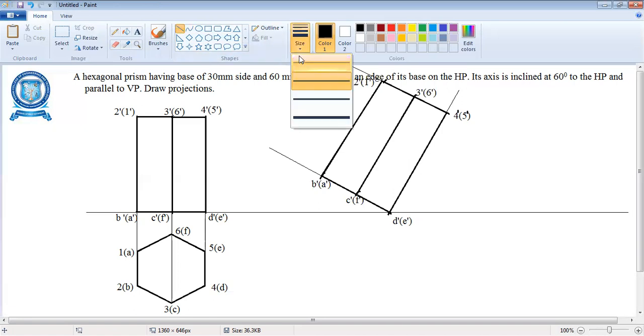Now we are going to draw the final view of the hexagonal prism.